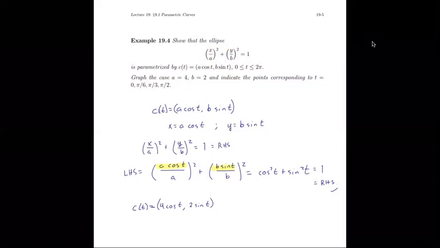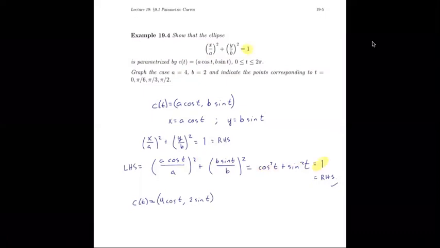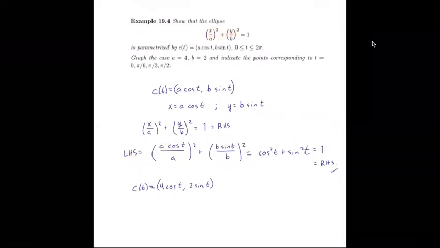We're dividing a cosine t by a, b sine t by b, squaring each of those things on their own on the outside here. We've got cosine squared t plus sine squared t. That happens to be equal to 1, which is exactly the right-hand side of our given equation. So in other words, we started with the left-hand side of the equation, then we substituted x and y, and then we confirmed that that was in fact equal to the right-hand side. So this is in fact a valid parametrization of the ellipse.